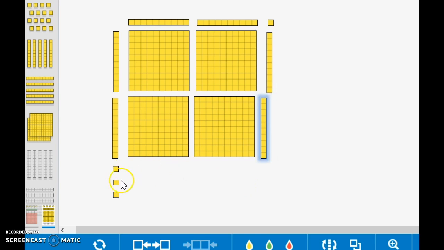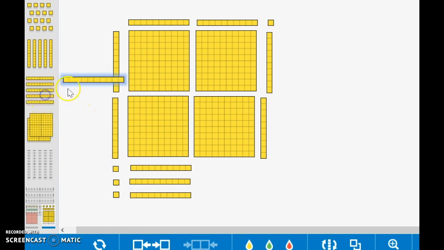Similarly, down here, I'm going to have 1 times 10, so I'm going to need some tens pieces. I want these ones here. So we need to fill in to make a rectangle.